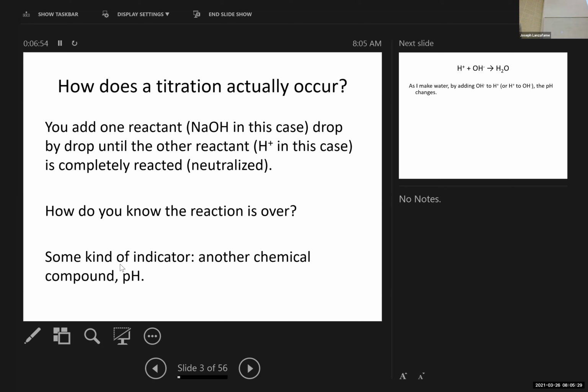And so because there's a fairly abrupt pH change, which we'll talk about more in a minute, if you have another chemical compound, which is technically a dye, that is pH sensitive, you can tell that the pH changed. You can also, in fact, directly measure the pH, right?